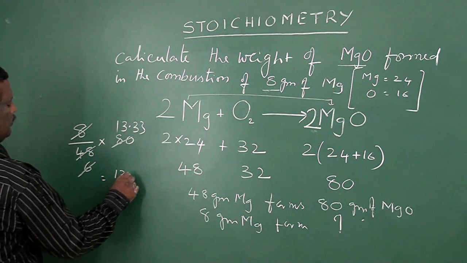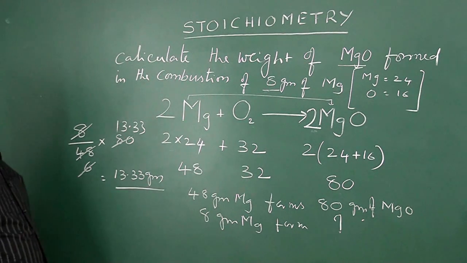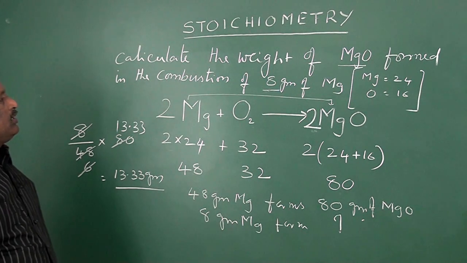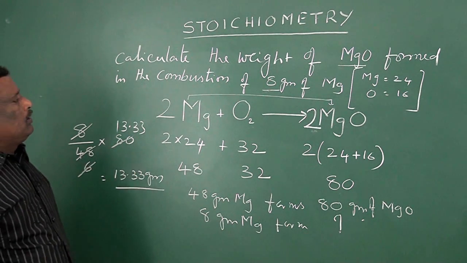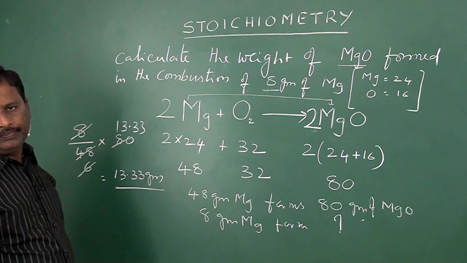So 13.33 grams of MgO is formed in the complete combustion of 8 grams of Mg in presence of oxygen.